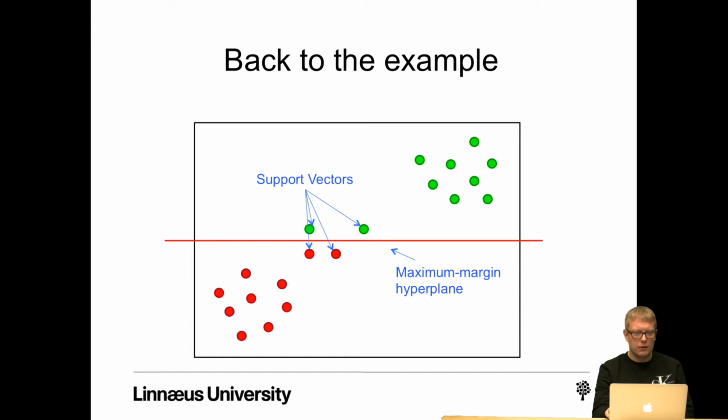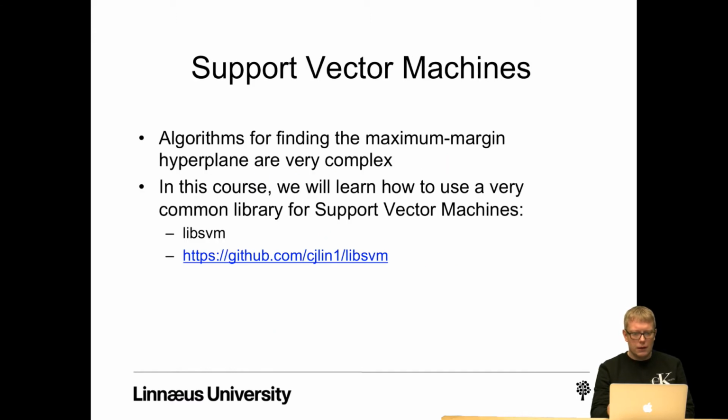All our training examples aren't needed. And algorithms for finding the maximum margin hyperplane effectively are very complex, and in this course we will only learn how to use a very common library for support vector machines called libsvm. libsvm is also used internally in Weka for Weka's SVM support.